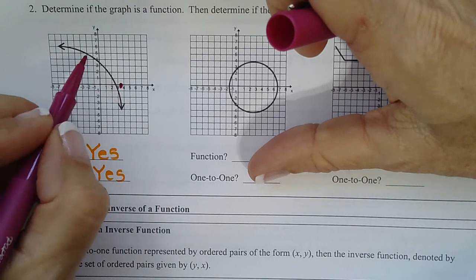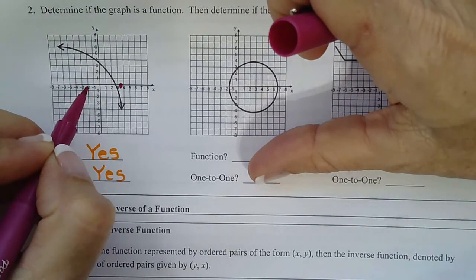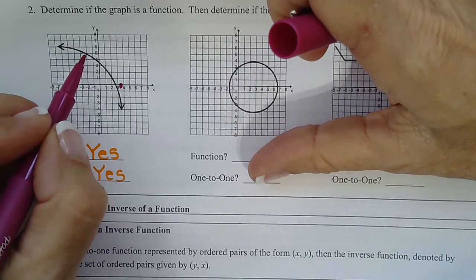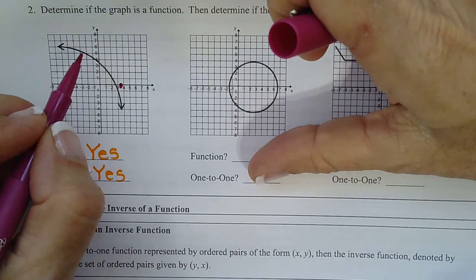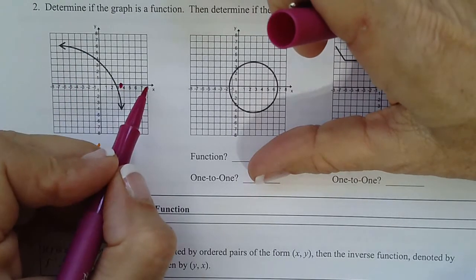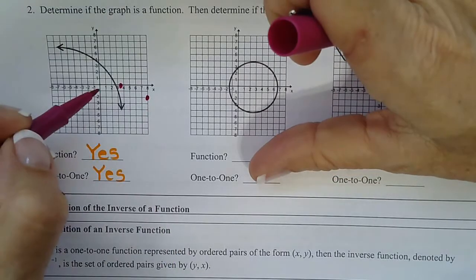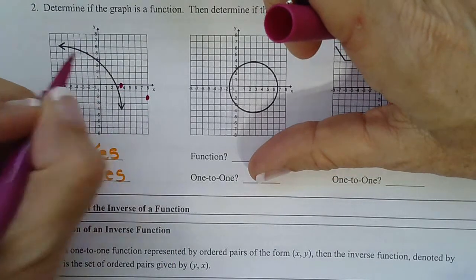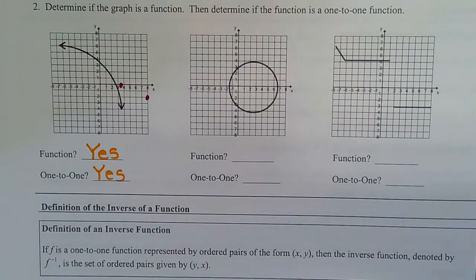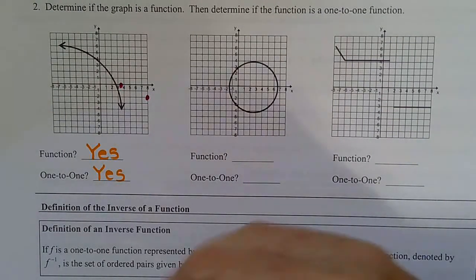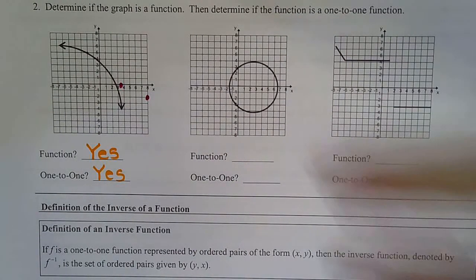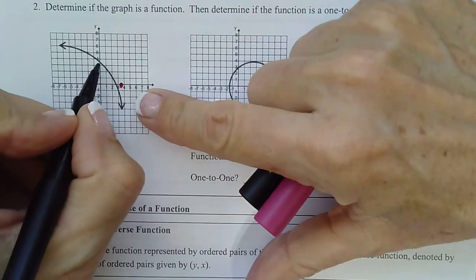And let's find another point. This point is -2, 6. So 6, -2. Okay, I should put this in a different color so I don't get these mixed up, huh? So 0, 3.5.